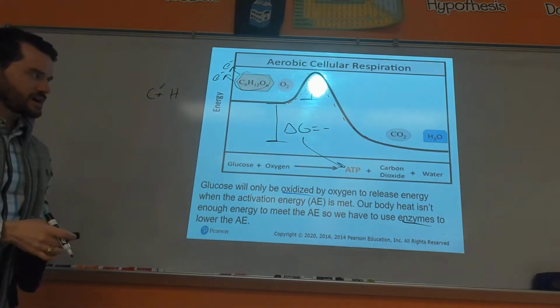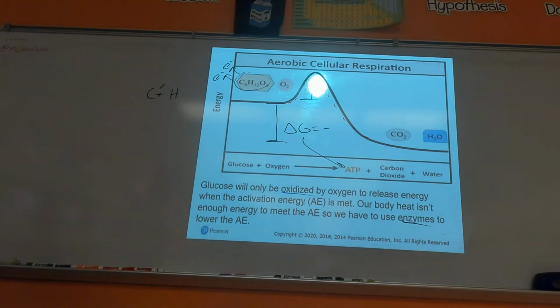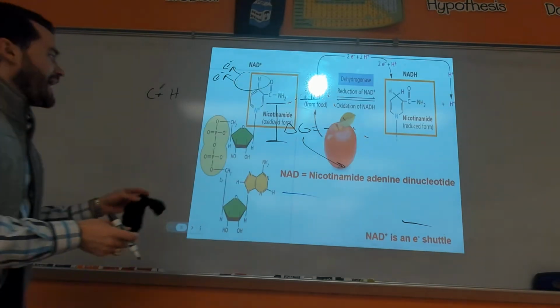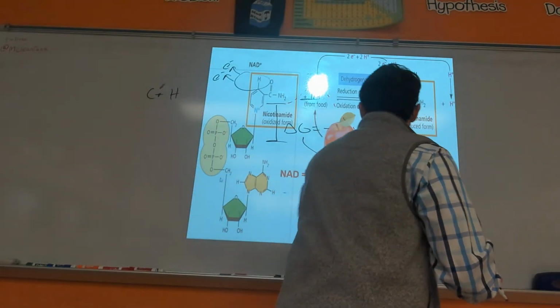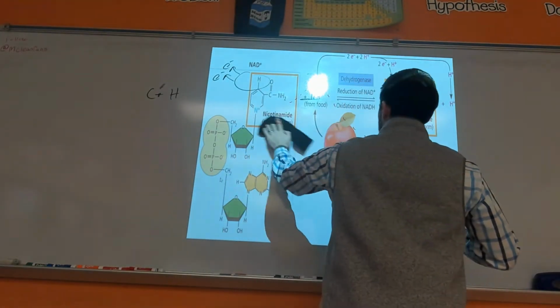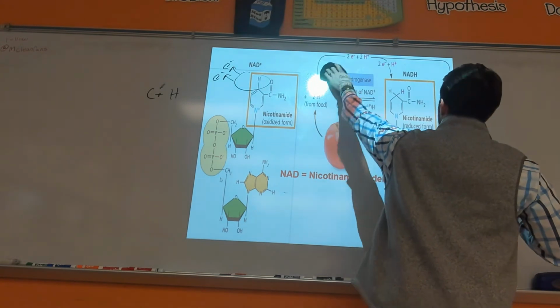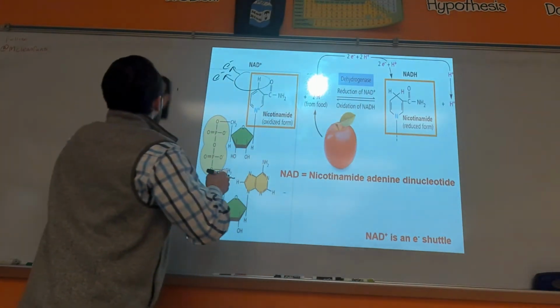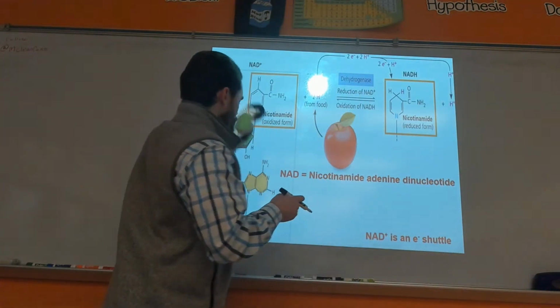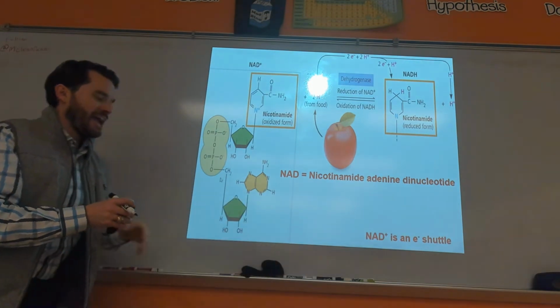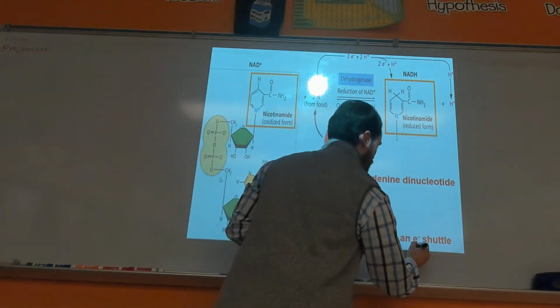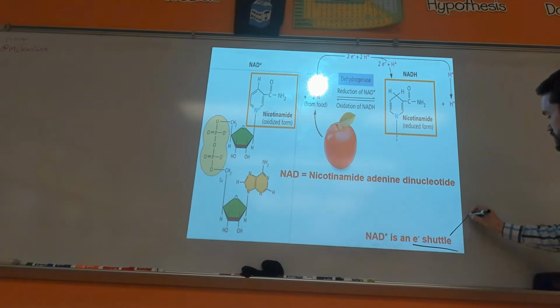I got some other summary slides from last class, so I just wanted to go over them pretty quickly. As I said, the idea of what we're doing in cellular respiration is we're oxidizing our glucose. The purpose of that is to remove electrons, and then we want to shuttle those electrons to the electron transport chain.